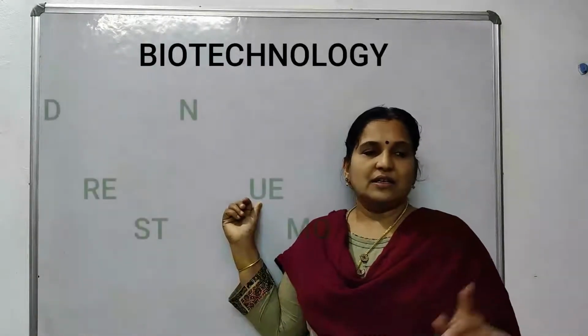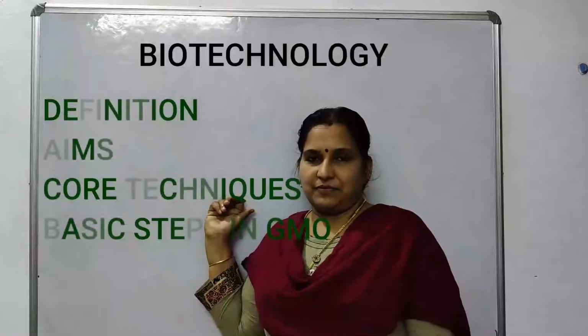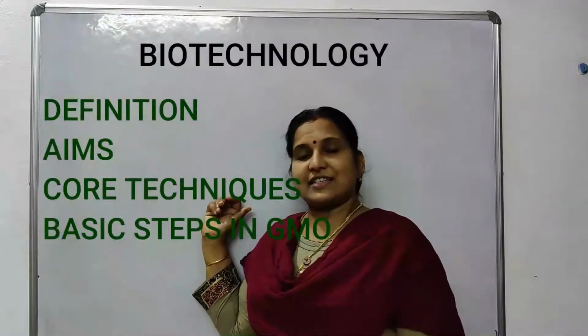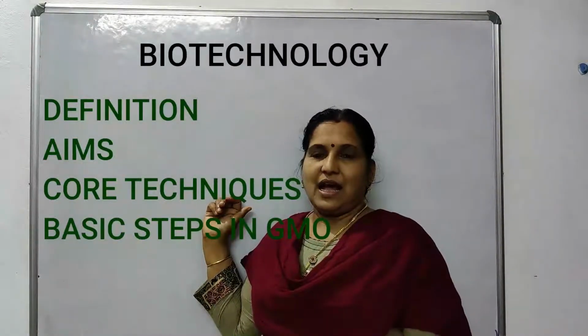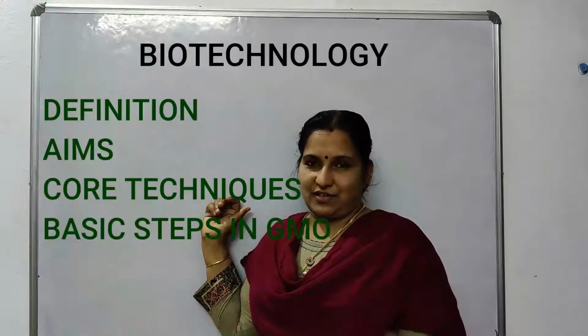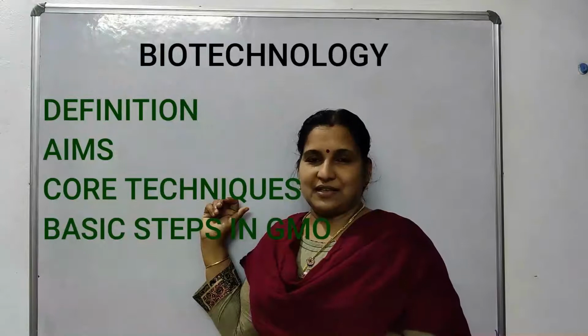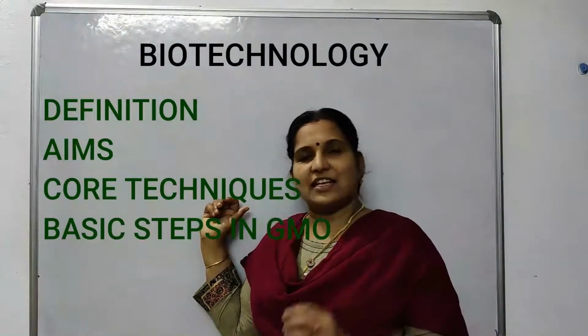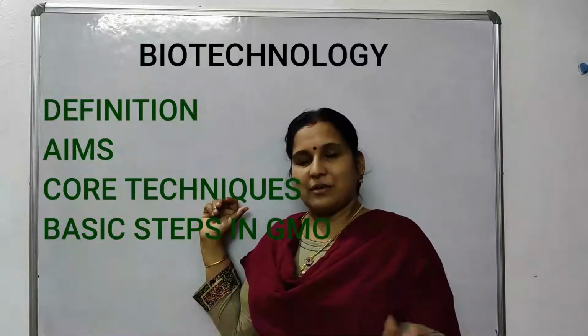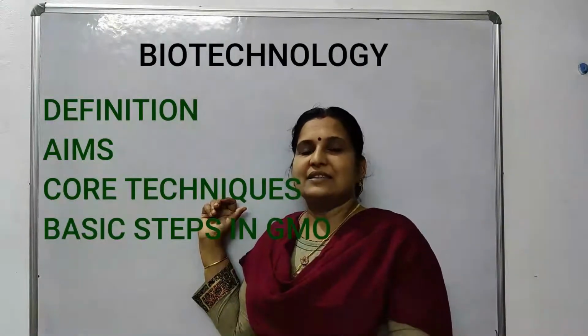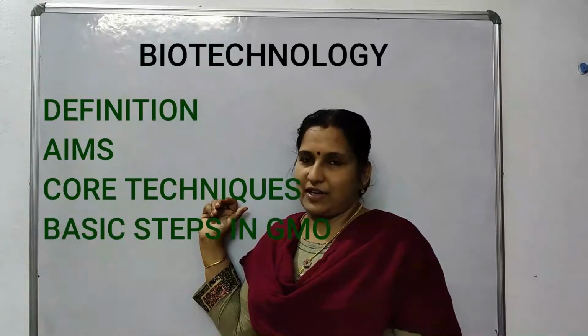The topics to be covered in this session are what is biotechnology, core techniques of biotechnology, aims of biotechnology, and the basic steps used for recombinant DNA technology, or the basic steps in genetically modified organisms.